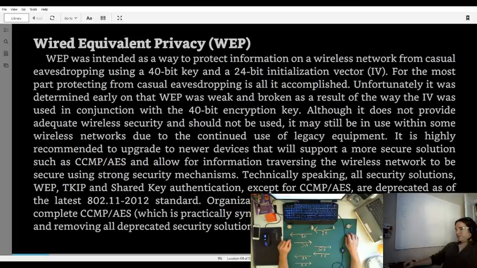Organizations should be moving quickly towards complete CCMP AES, which is practically synonymous with WPA2, as you will see later, and removing all deprecated security solutions as soon as possible.